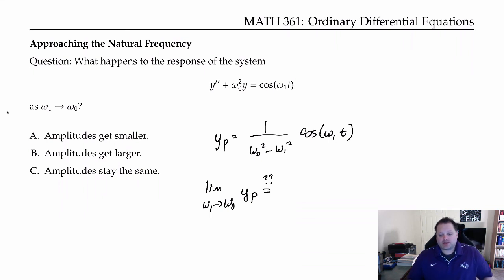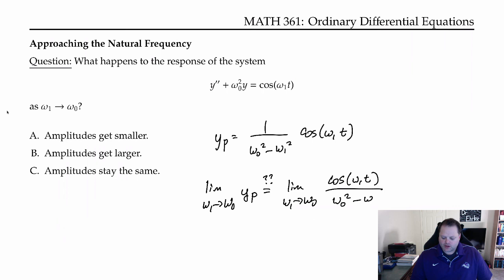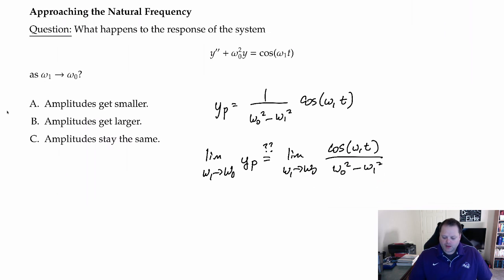All right, if you haven't paused and committed to an answer at this point, you should do so. So if I look at this, I have the limit as omega 1 approaches omega naught of cosine omega 1t over omega naught squared minus omega 1 squared. And if I evaluate this, then the numerator becomes cosine omega naught t, because omega 1 becomes omega naught.